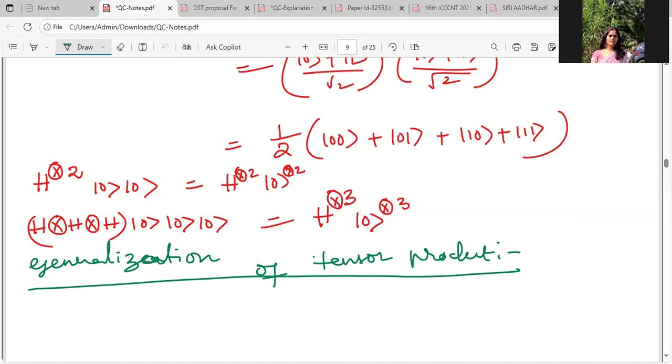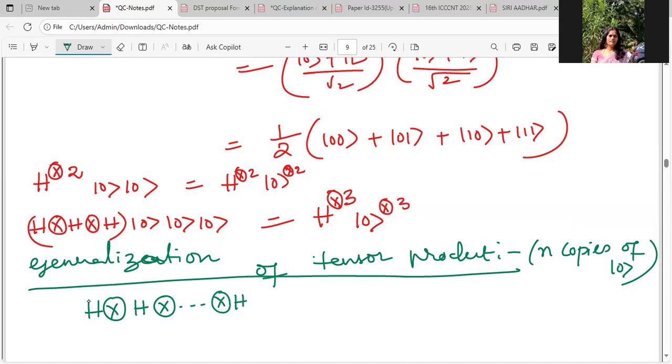Suppose if I have the tensor product of n copies of ket 0, then, of course, if I have n copies, I have to apply H n times.